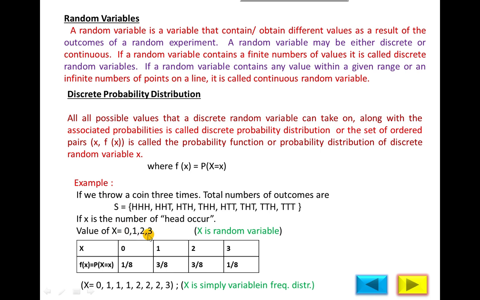Now the same example: if you throw a coin 3 times, the outcomes are 8. If you represent it like this, x is equal to 0, 0 heads 1 time, 1 head 3 times, and so on. We represent each outcome or member of the element separately: 0 means 0 heads, 1 means 1 head, and 1 means 1 head.